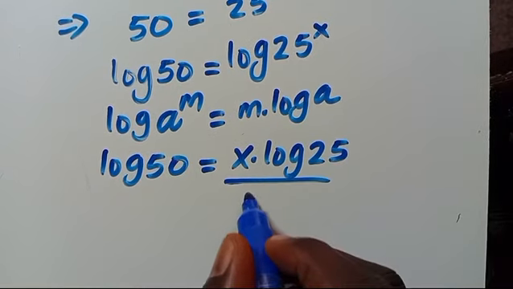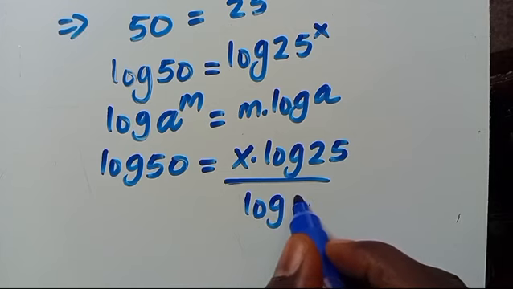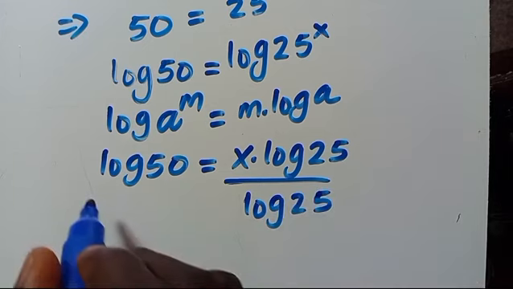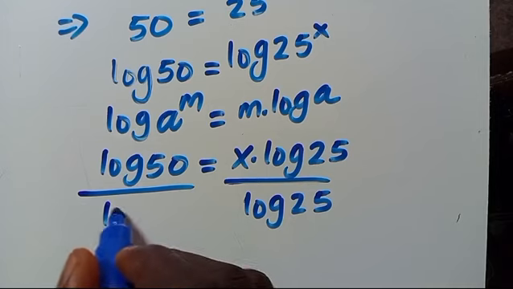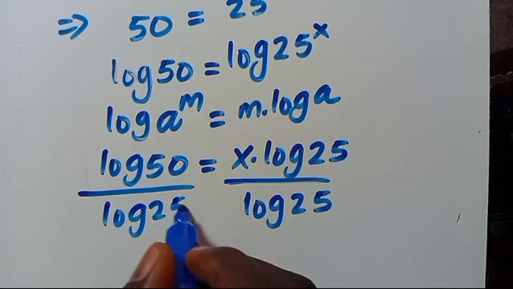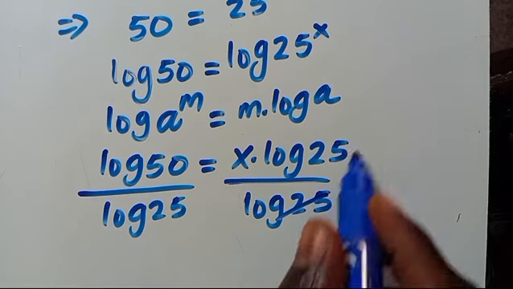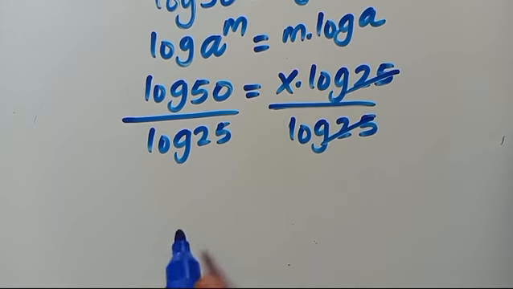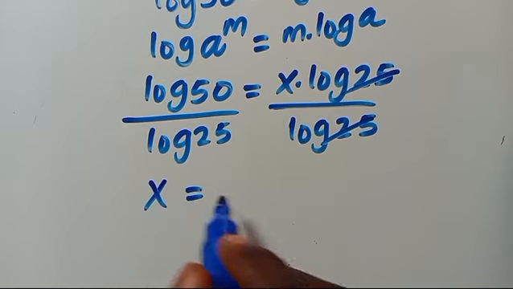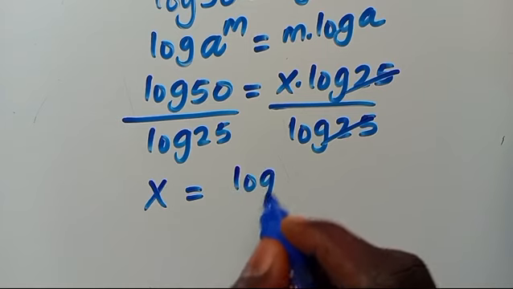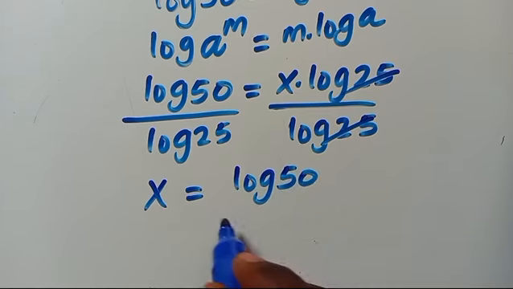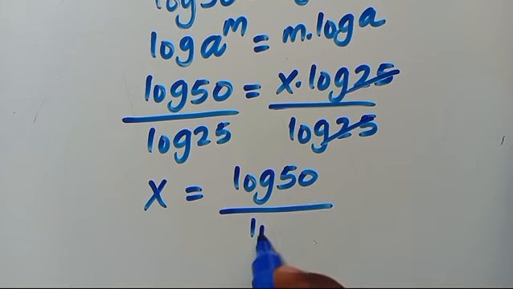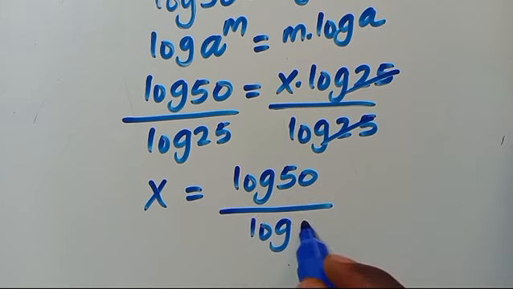Dividing through by the coefficient of x, which is log 25, over log 25, we cancel this out. So we are going to have x as log 50 over log 25.